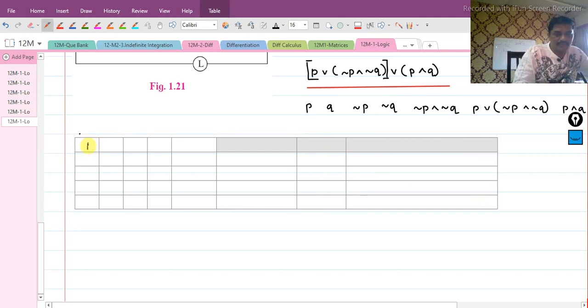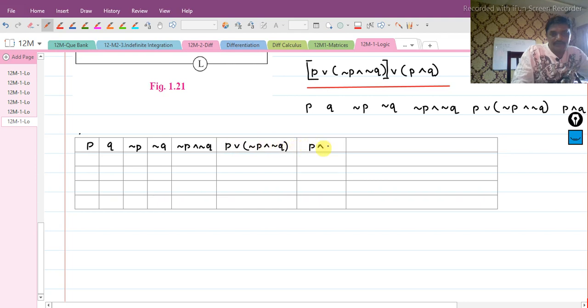Let's get going. This is P, Q, negation P, negation Q, negation P and negation Q, P or negation P and negation Q, P and Q, and P or negation P and negation Q ORed with P and Q.